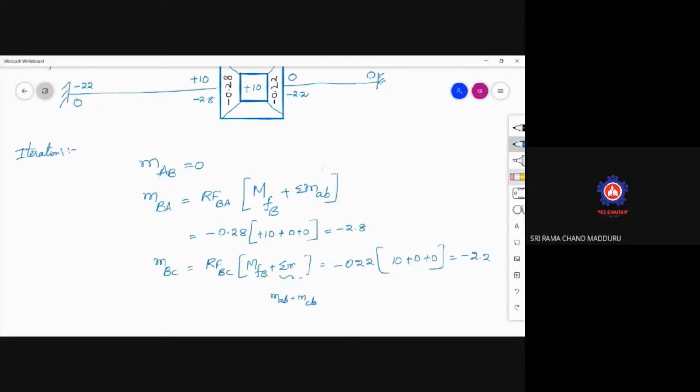If I write MBC also, I have to write MCB, that is also MAB plus MCB. Why? Because for B, the far ends are AB as well as CB. That's it.